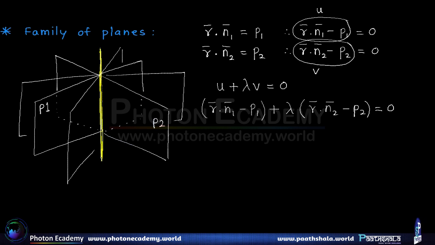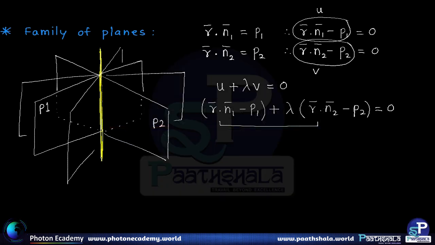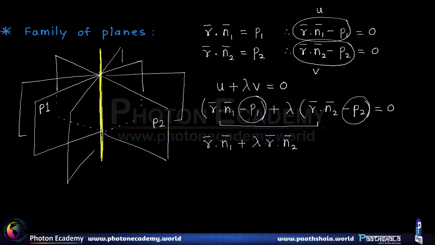Okay. So if we collect the terms which are in vector form, we can write r bar dot n1 bar plus lambda times r bar dot n2 bar. Now let us take the scalar terms on the right side. So they will give us p1 plus lambda p2. And then let us take r bar common.